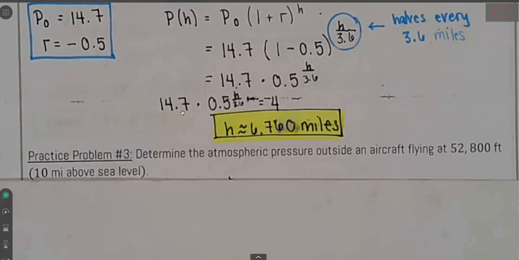Oh, and I did it again. I put 2.6. Okay. Everyone hold off on answering while I fix it.